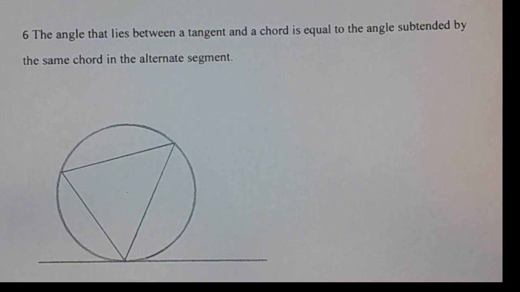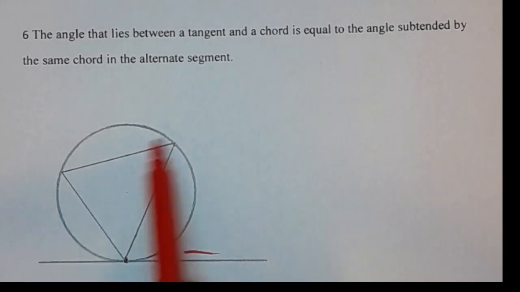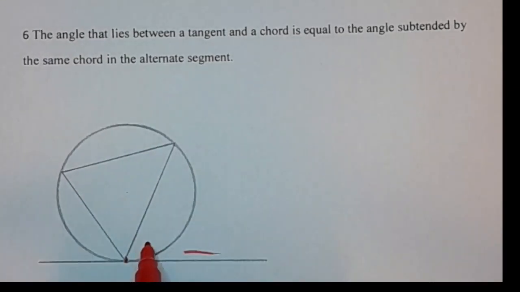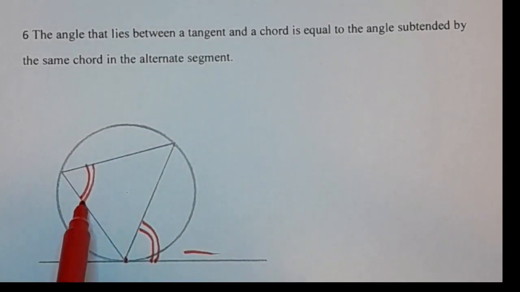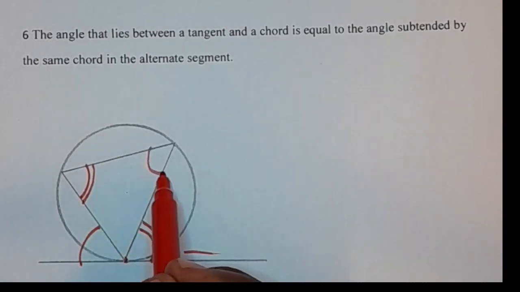So here, what it means is that if you have a tangent, and inside a chord is meeting this tangent and another chord is meeting this tangent, forming a triangle, then this angle here is equal to this angle. Then this angle here is equal to this angle.